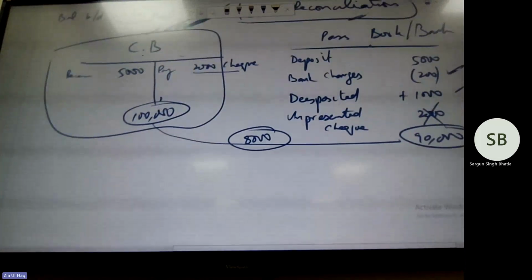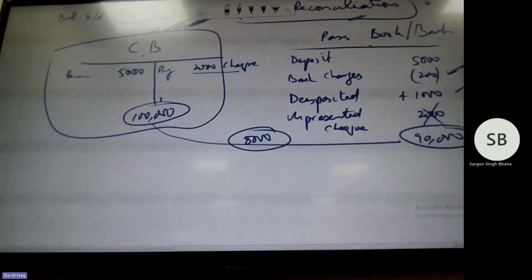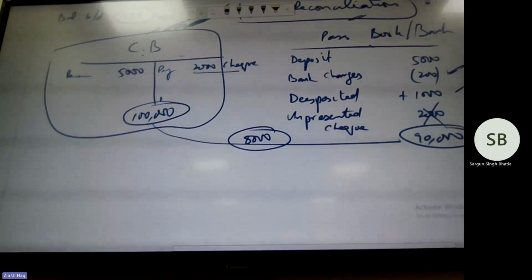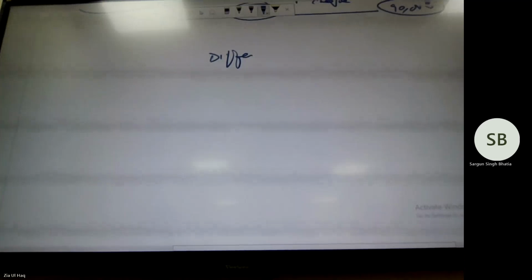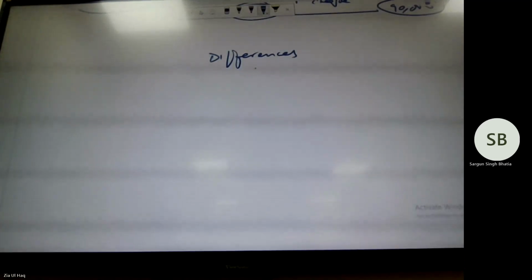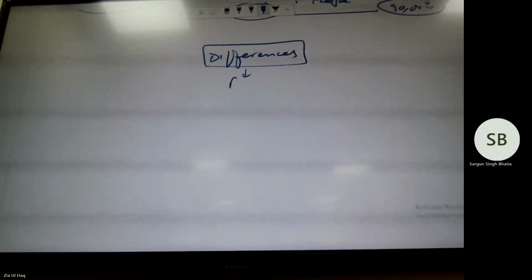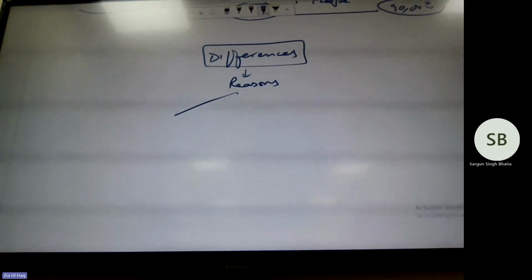Suppose we have identified there could be differences between the cash book and passbook. These differences could be due to two reasons. What could be the reasons for the differences?